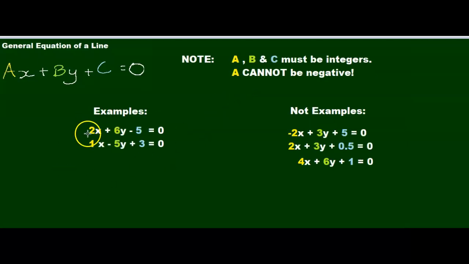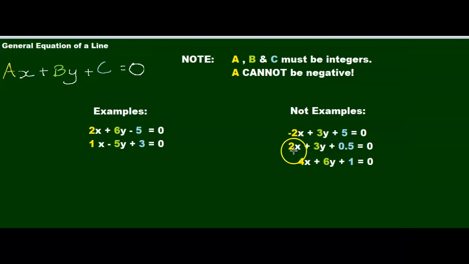So examples would be 2x plus 6y minus 5 equals 0, or 1x minus 5y plus 3 equals 0. Not examples of the general equation of a line would be negative 2x, see that negative there, plus 3y plus 5 equals 0. Again, this is a little bit debatable, but we'll take it as we should have a positive a.